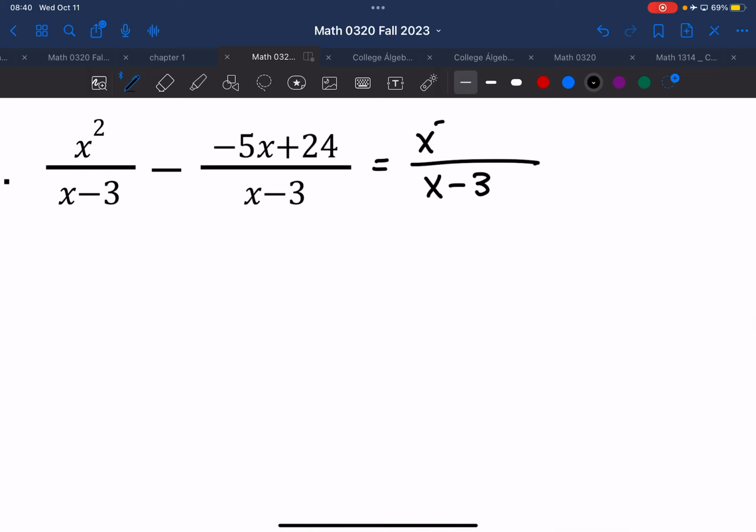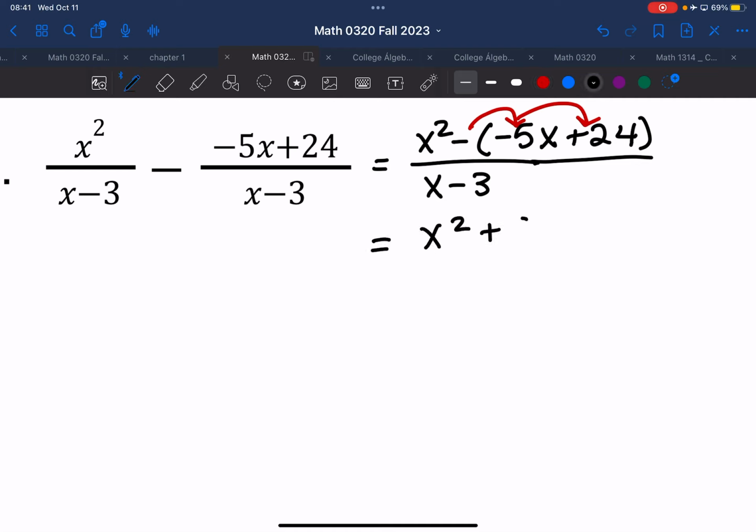So I have x squared minus negative 5x plus 24. The reason I'm doing that is because that minus is going to change that part of the numerator. So what am I going to do to that minus sign? Switch it. Good, it's going to switch all the signs. So I distribute that in, and I now have x squared plus 5x minus 24 all over x minus 3.